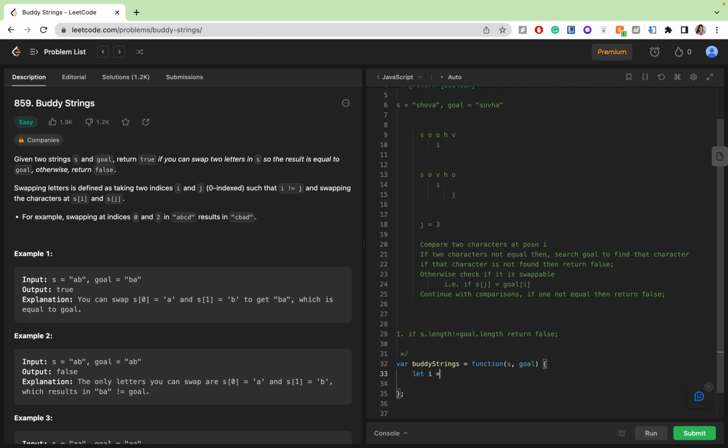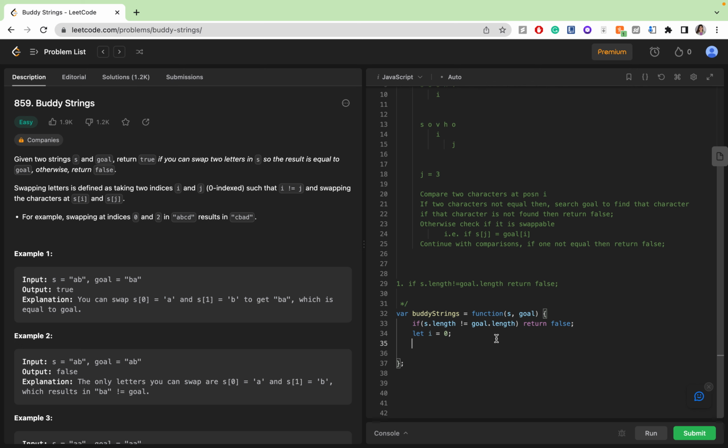So let I is equal to 0. So what we can do is in the beginning only, if the length is not equal to that length, then return false, right?